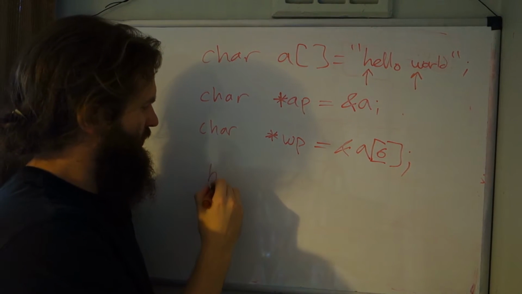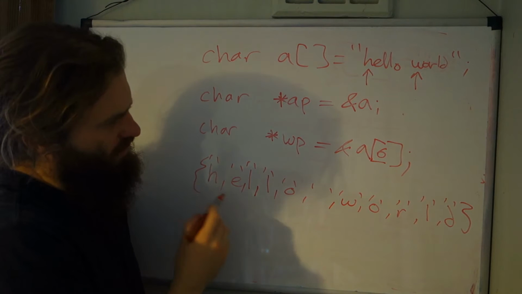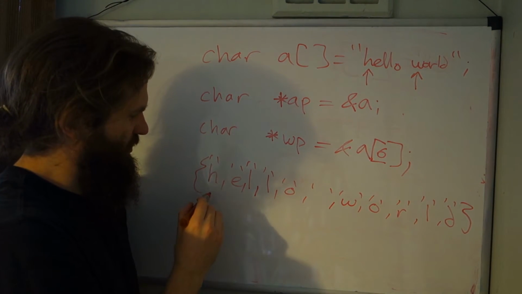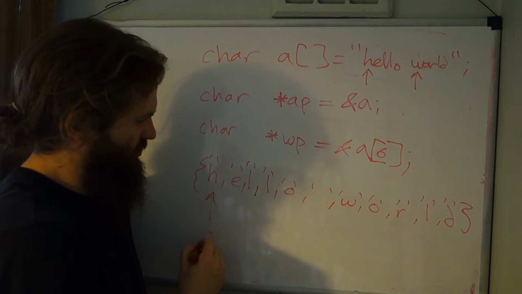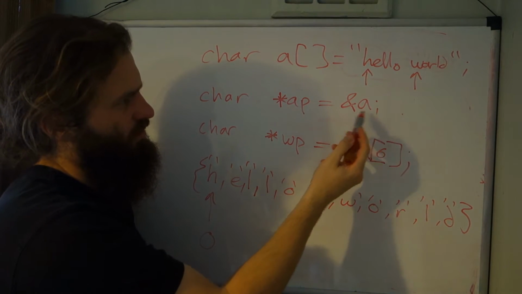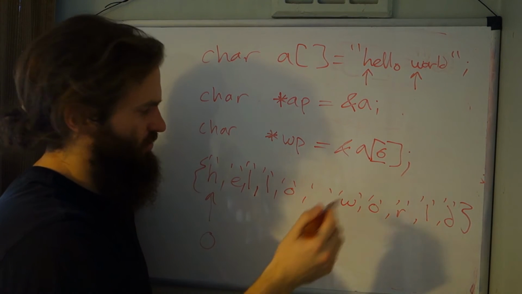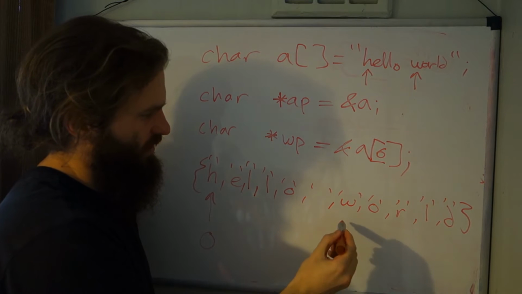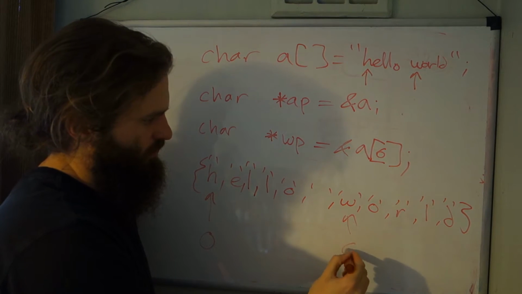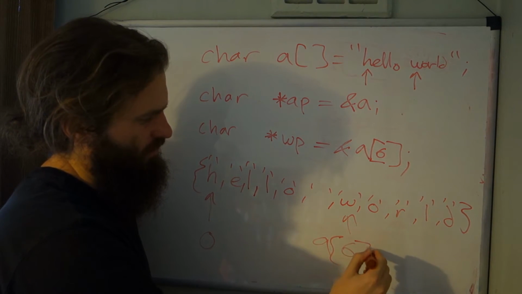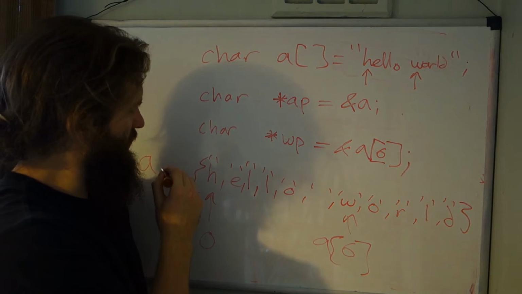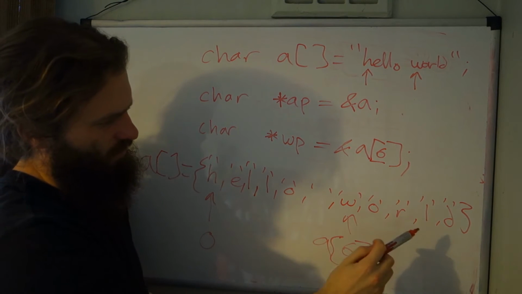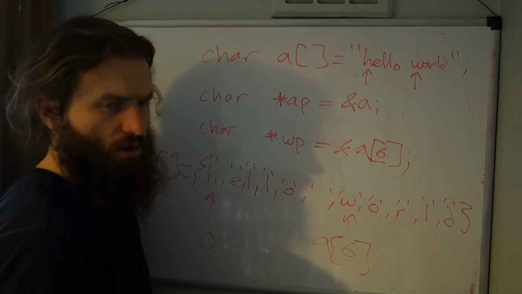So if we had this, then you can see how this would obviously work. If we took the address of the first one, we're here at position 0. So this is our ampersand A, or our ampersand A[0]. Otherwise we're at 0, 1, 2, 3, 4, 5, 6. This is position 6, so this is A[6]. If we'd explicitly done A equals like that, then it would kind of make sense, right?